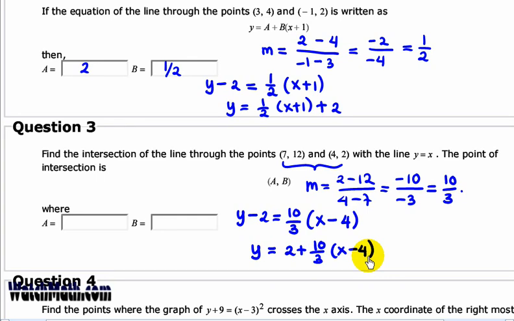Now we want to find the intersection between this line and the line y equals x. They intersect when their y coordinates are equal. So they intersect when 2 plus 10 over 3 times (x minus 4) is equal to x.